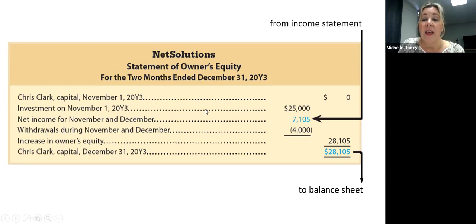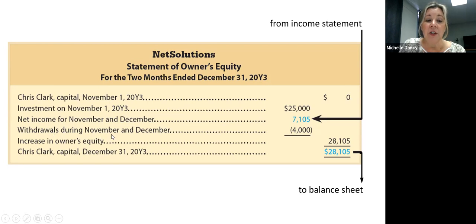So this is Net Solutions, our example company. And if you remember, at the beginning of November, it was a brand new company. Therefore, we have this beginning capital of 0. Then the owner made an investment. That's a positive. We had our net income for the 2 months. That's a positive. And remember, that came from our income statement.